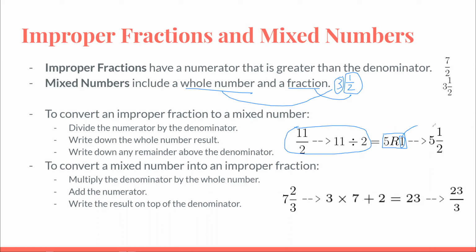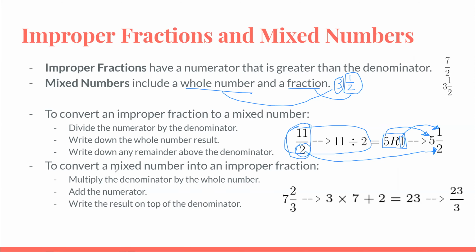Hence, 1 will be the numerator, and then 5 has to be the whole number. And then looking back at your original fraction, the denominator does not change. So you would use that same denominator right there. And that's how you convert from improper to mixed number.